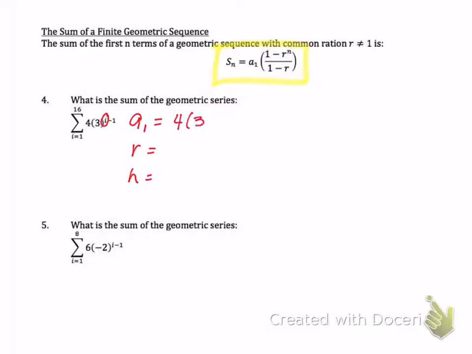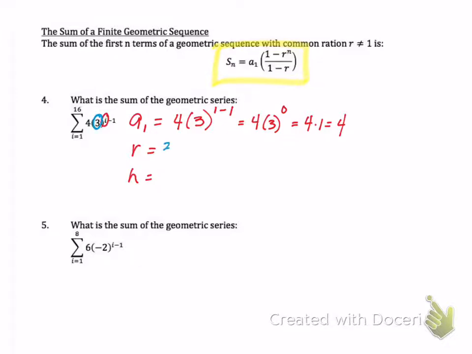4 times 3 to the 1 minus 1, which is 4 times 3 to the 0 power, and 3 to the 0 power is 1, so 4 times 1 gives me 4. My rate is the number that is in parentheses, so what number is that? 3.